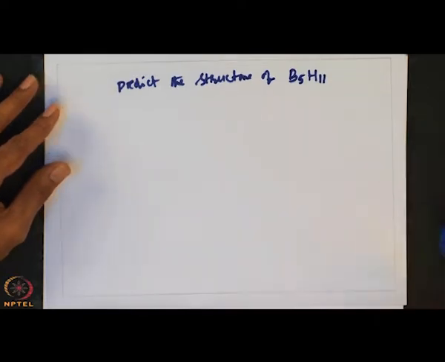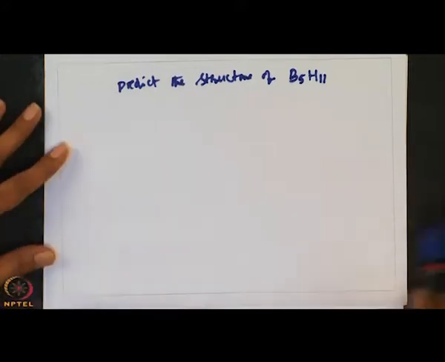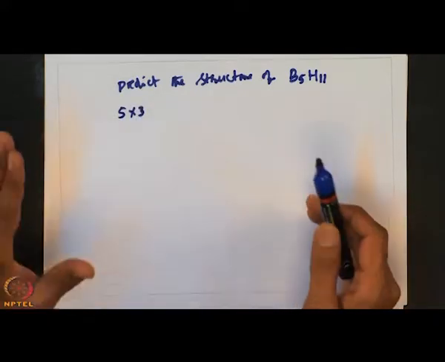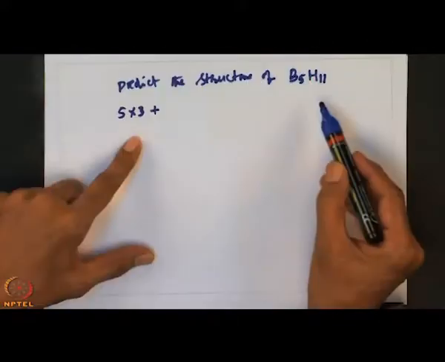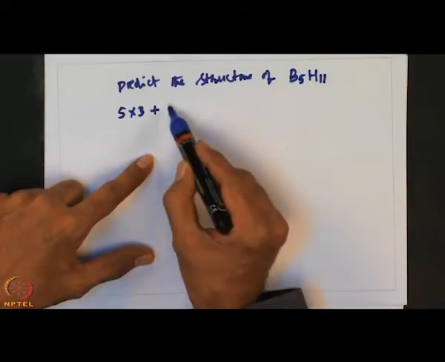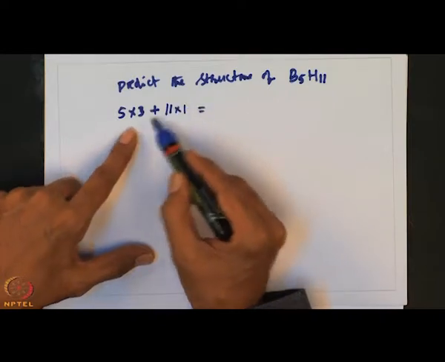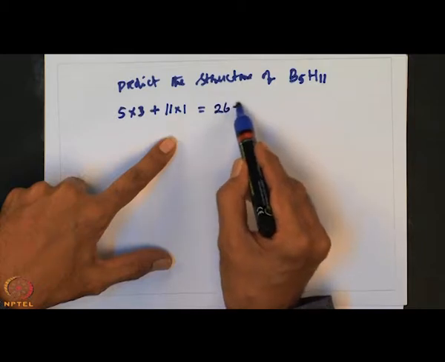As I had mentioned, we should start counting the electrons from boron and hydrogen. We have 5 boron atoms, so 5 into each one will give 3 electrons, s2p1. We have to count only valence shell electrons. So, each boron has 3 valence electrons, 3 into 5, plus we have 11 hydrogen atoms, so 11 into 1. Totally we have 15 plus 11, 26 electrons.